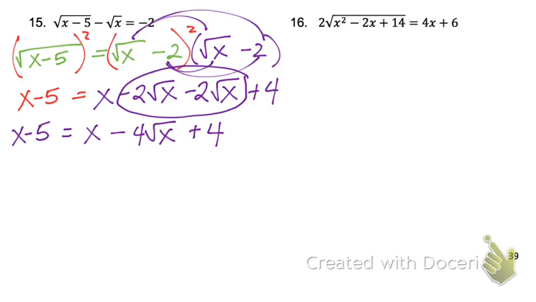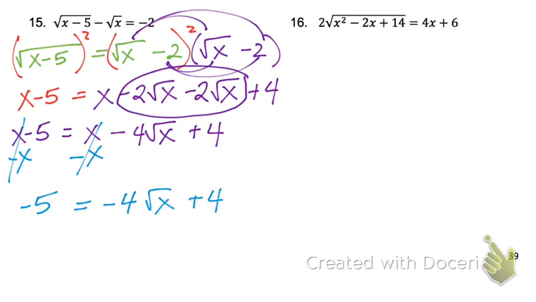So you basically want to get x by itself. When you subtract the x from the right side to the left, it ends up canceling. So negative 4 square root x plus 9 equals 0. Then move the 4 over.